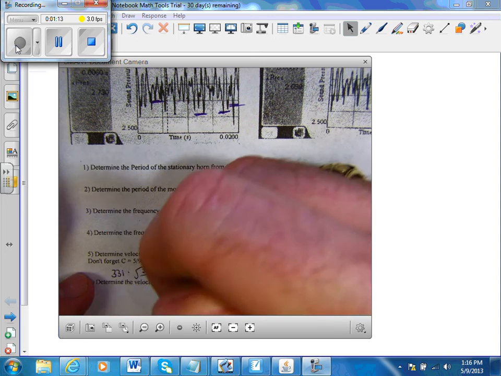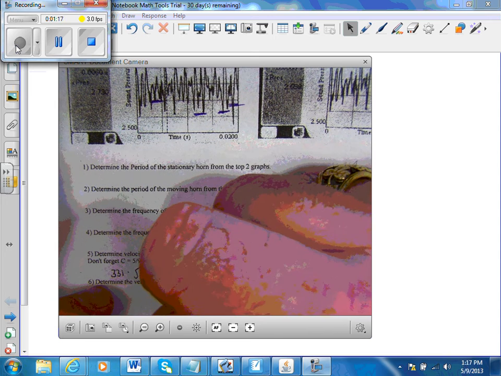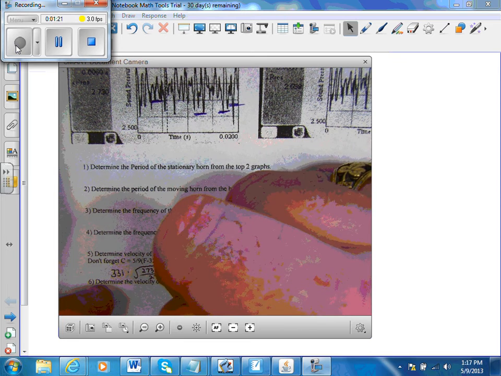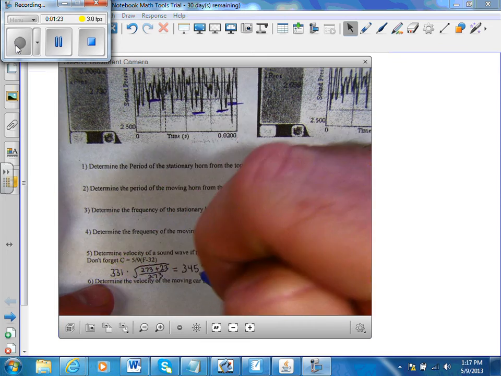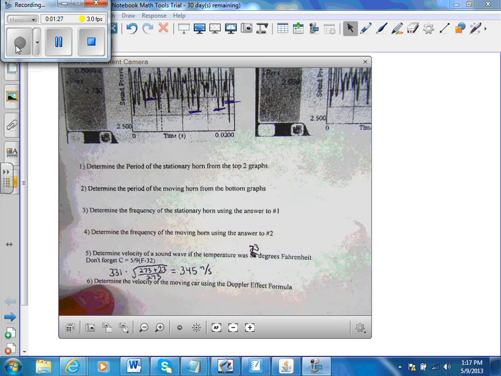When you get that, you should be somewhere in the general vicinity of 345 meters per second for the speed of sound the other day. I just want to make sure that you knew how to do that, especially since I screwed it up. So let's now look at the period of the stationary horn at the very top graph.